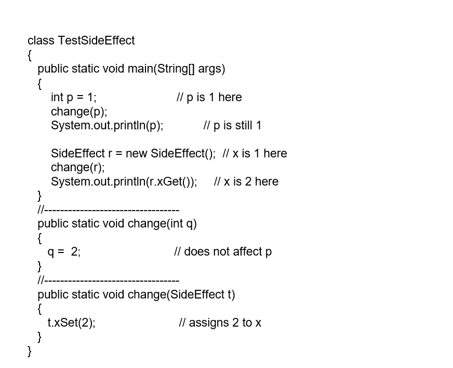Because T receives the pointer that's also in R, and then we're using T to qualify this call of xset, we are actually changing the x variable in the object to which R points. So we can't change R, but we can change what R is pointing to. And this is called a side effect, right? We're not changing R, but we're changing what R points to. So it's a side effect.